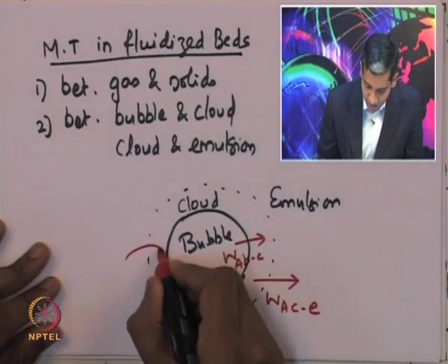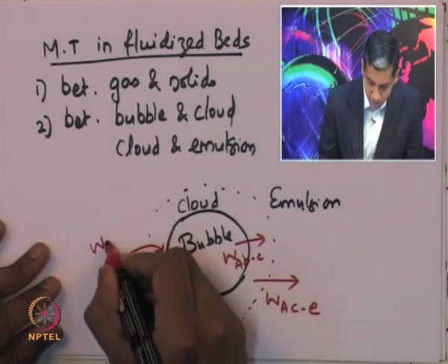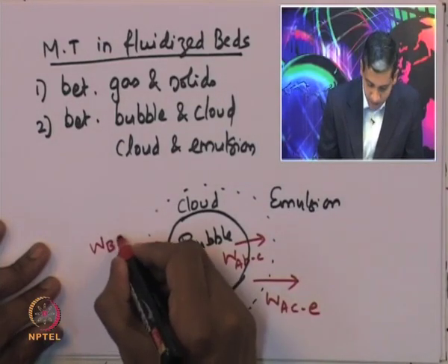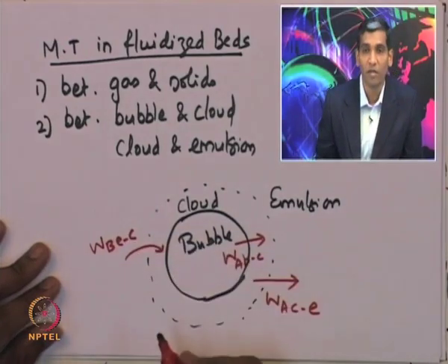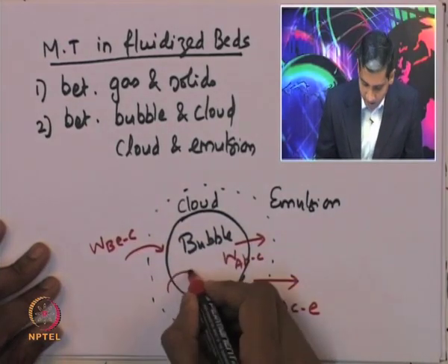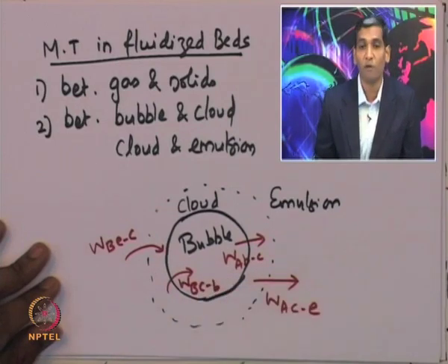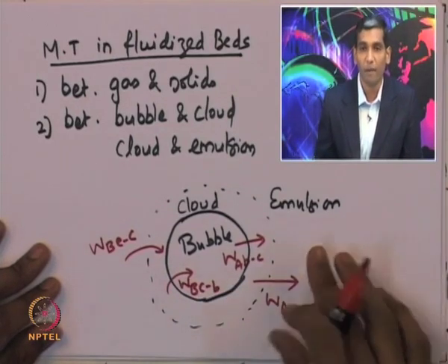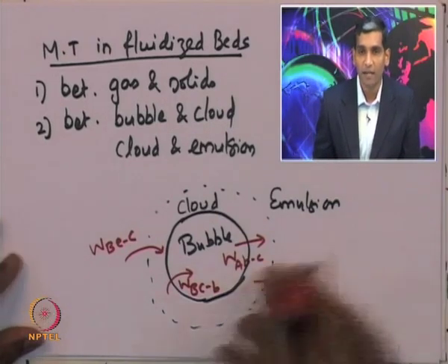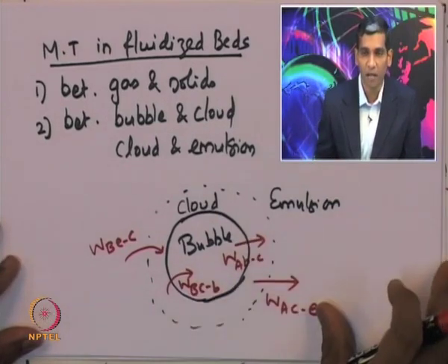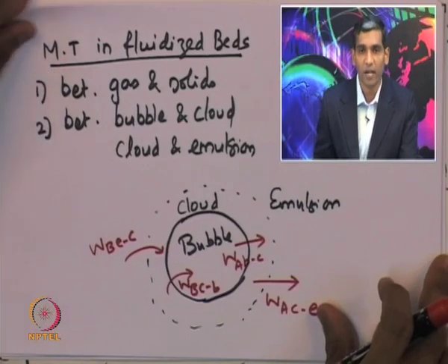Similarly, after the product is formed, if B is the product, W_B,E to C is the transport from the emulsion to the cloud phase, and W_B,C to B is the transport of the product from the cloud to the bubble phase. In addition to the classical gas-solid transport in catalytic reactors, this is an extra transport mechanism observed in the fluidized bed reactor.